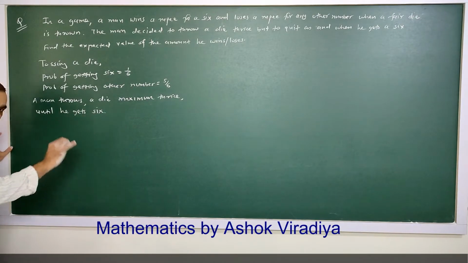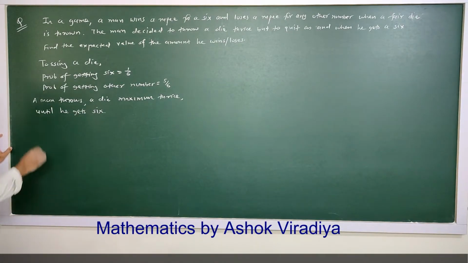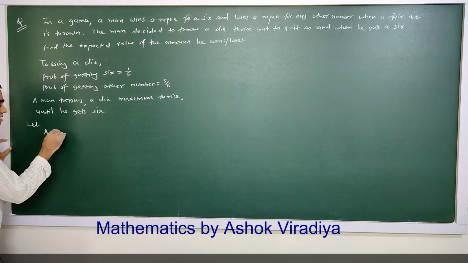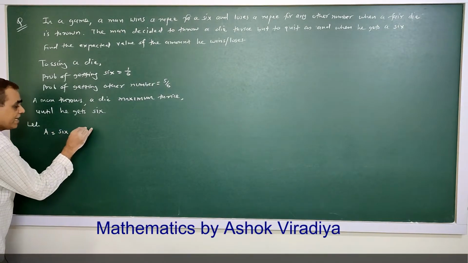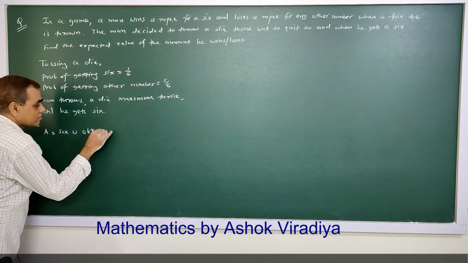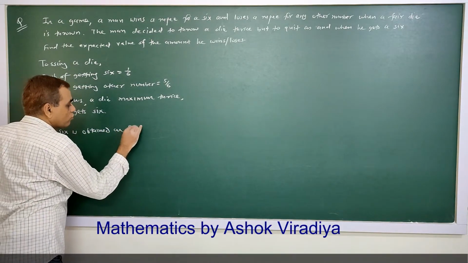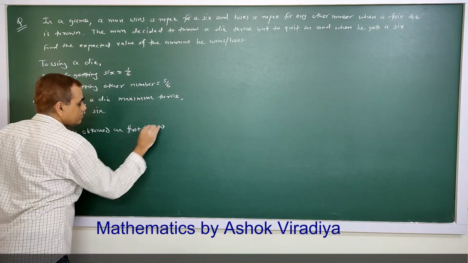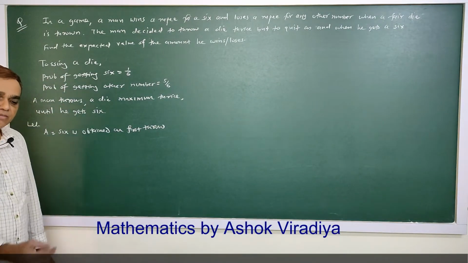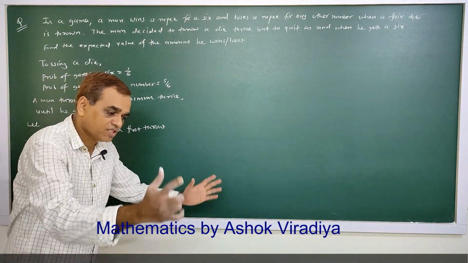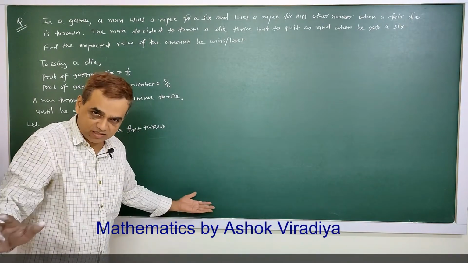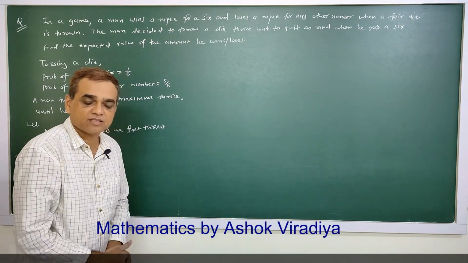So we check all possibilities. Let A be the event that 6 is obtained on first throw. When a man is tossing a die on the first throw, 6 is obtained, game is over and he is getting 1 rupee.